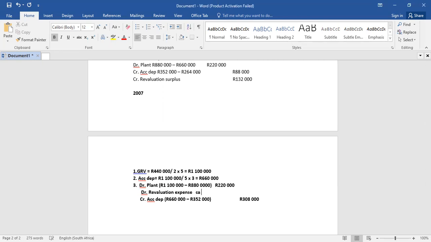Our carrying amount is 880, which was our previous GRV minus depreciation at 352, which gives us a carrying amount of 528,000.